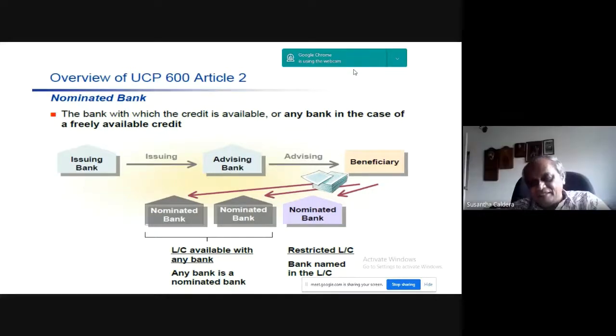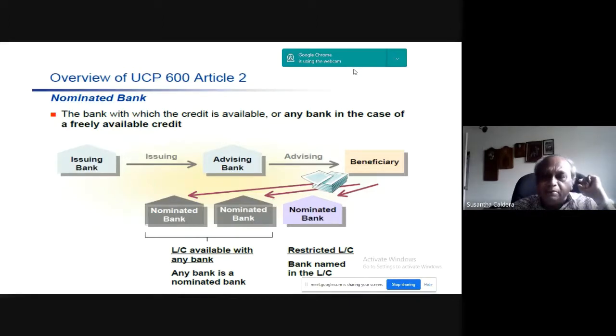Now I have answered your question part one, because the advising bank's responsibility is to ensure that it is an authenticated LC. Because it is coming through MT700, it is automatically authenticated, so you don't have to worry. Then your question is, the beneficiary has accounts with Commercial Bank, NDB Bank, and Bank of Ceylon.